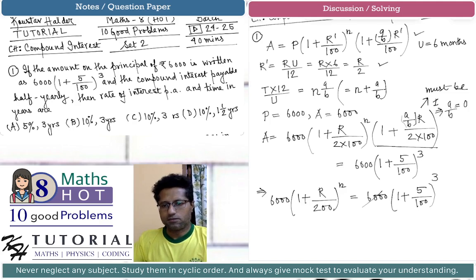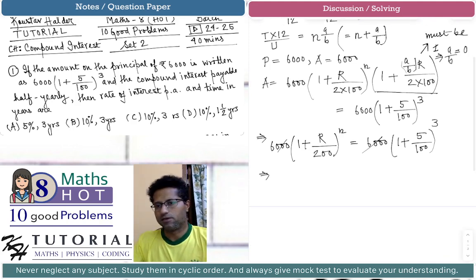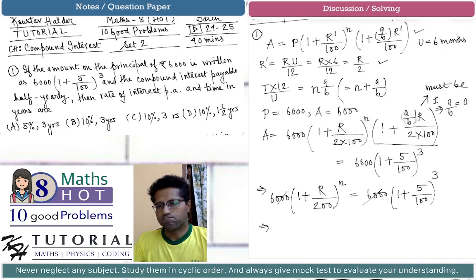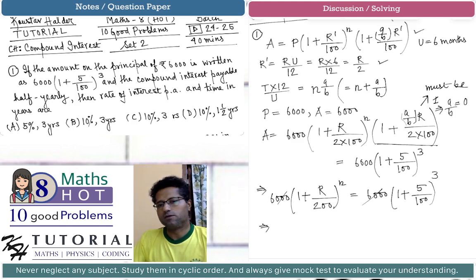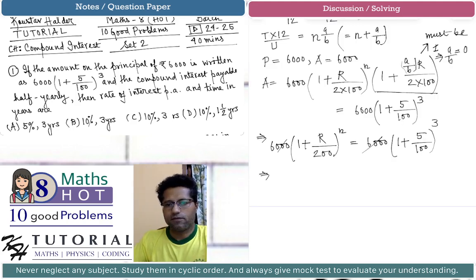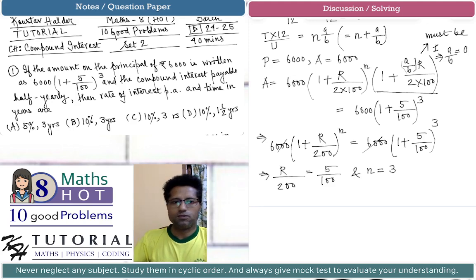So 6000 cancels out. Now comparing the LHS and RHS, we must have r by 200 equal to 5 by 100, and n should be equal to 3.